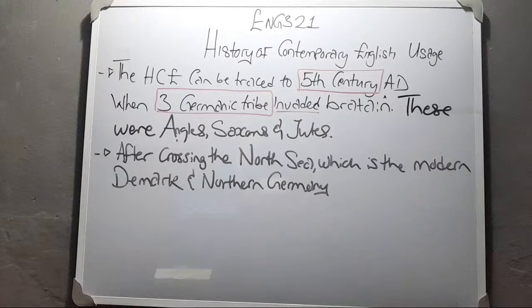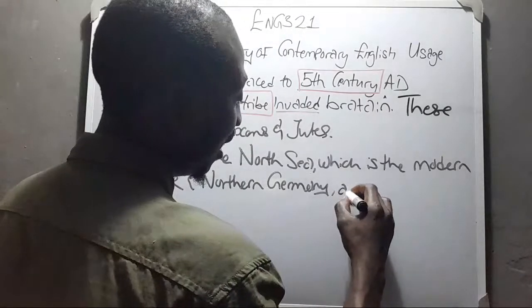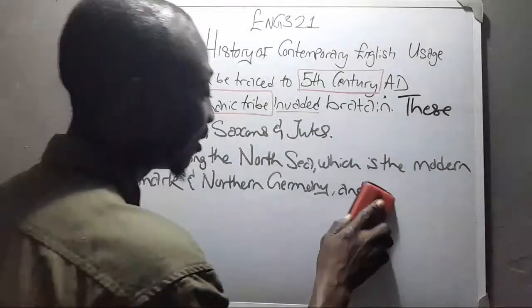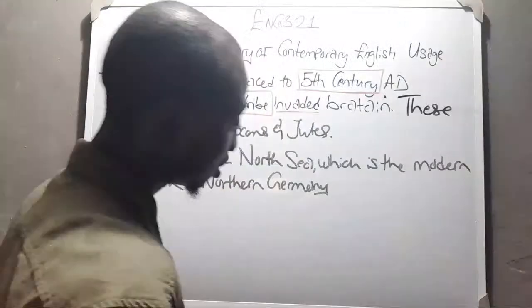They crossed northern Germany as well. And at this time, the British spoke, and okay, we can put it like this. Let's put it in a way that we understand better. Now, full stop like this.